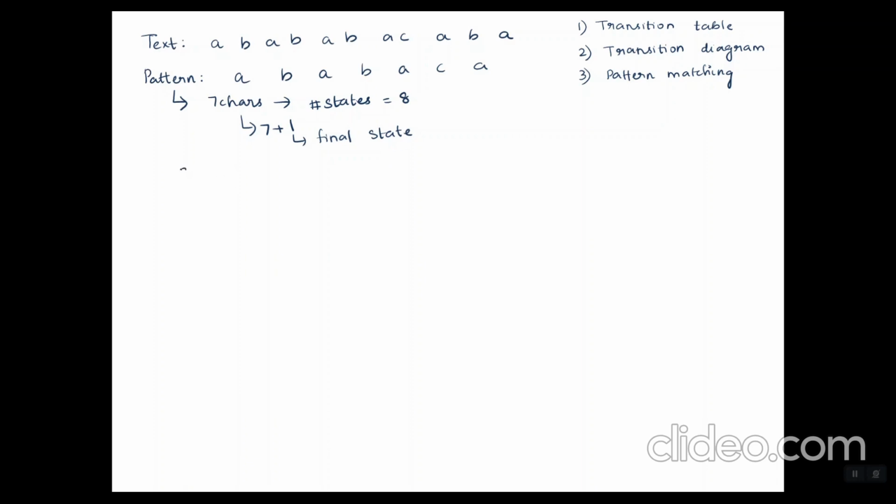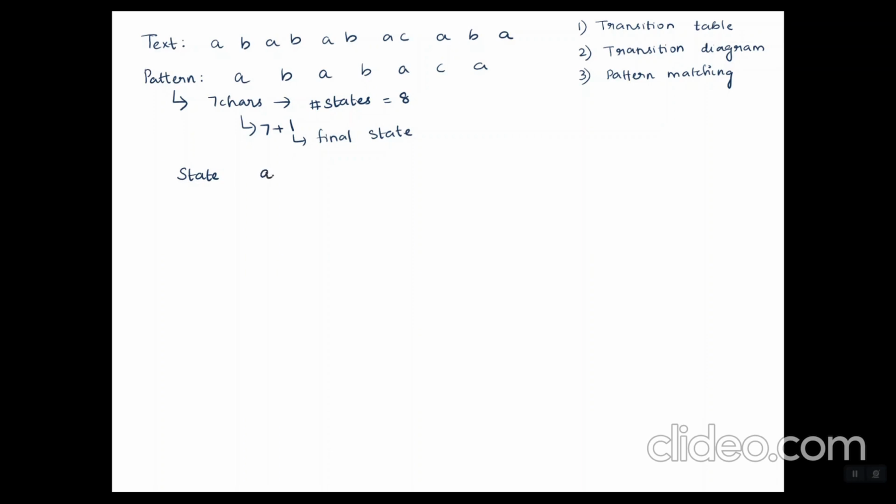So I'm going to construct a table. The first column is going to be the state, where I am going to have the numbers for all these 8 states, and the upcoming columns are based on whatever characters are present in the text and pattern. Even though I have a varied number of characters in the text and the pattern, mostly it is around the characters A, B and C, even though in different order.